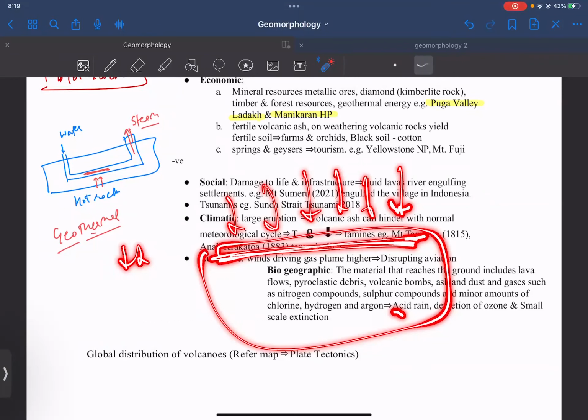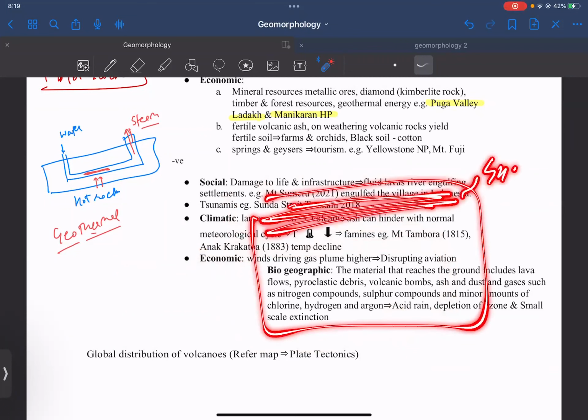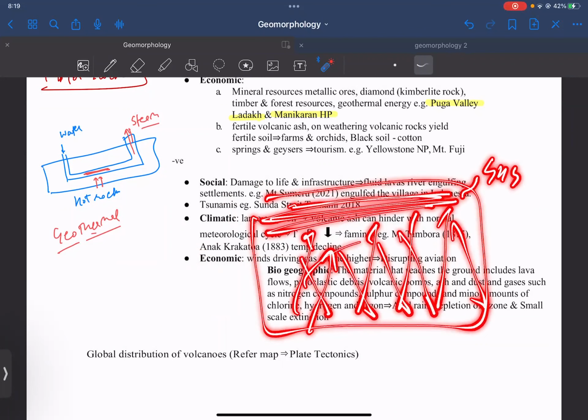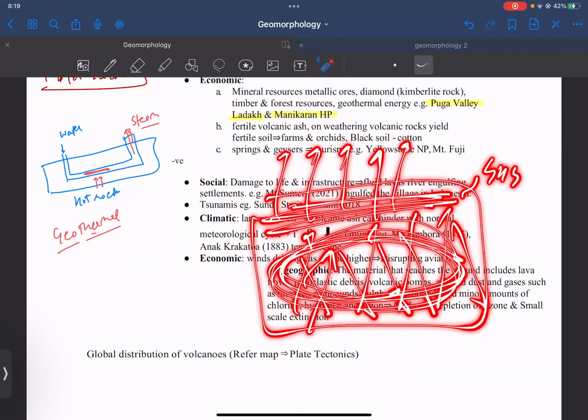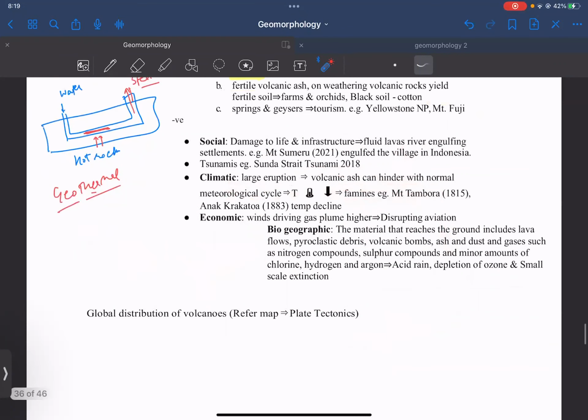And how it may cause increase in temperature? Greenhouse gases are released, so greenhouse gases will trap the heat, so again counter radiation will happen, and the heat on the surface of the earth remains trapped inside the earth's atmosphere. There won't be any escaping of the earth's heat, so this leads to increase in temperature also. So both may happen, right?